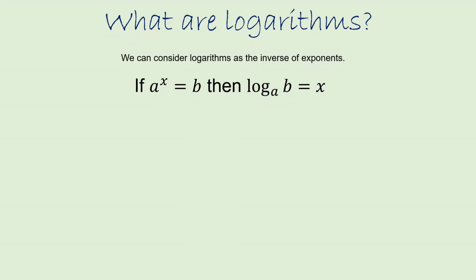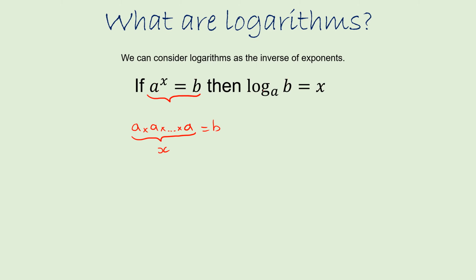The b itself was the answer over here, and it is now the number that we're actually concerned about here. So what actually happens here? If we take a and multiply it by itself x times, so x of these a's, then we'll get an answer of b.